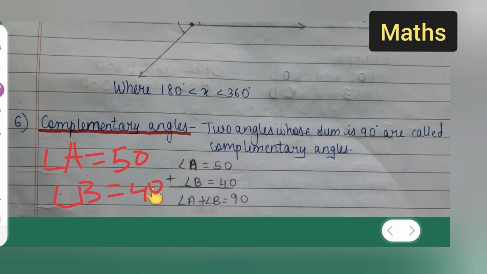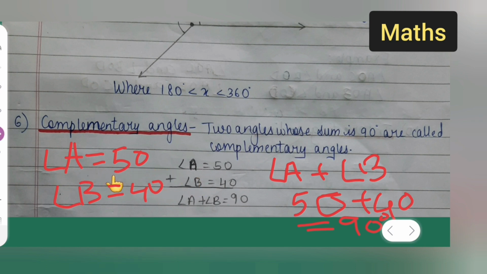When I add angle A plus angle B, that is 50 plus 40, what I get is 90 degrees. So the sum of these two angles, A and B, should be 90 degrees. This is called a complementary angle, and you all can take down this.